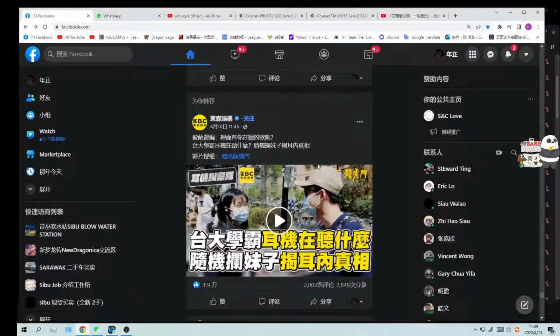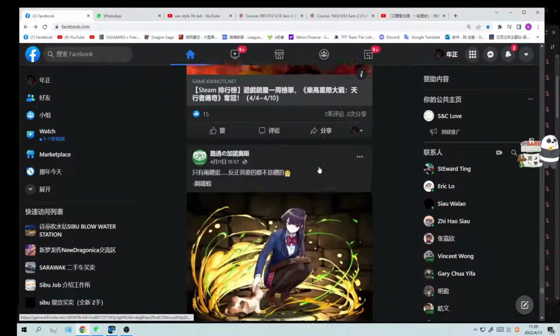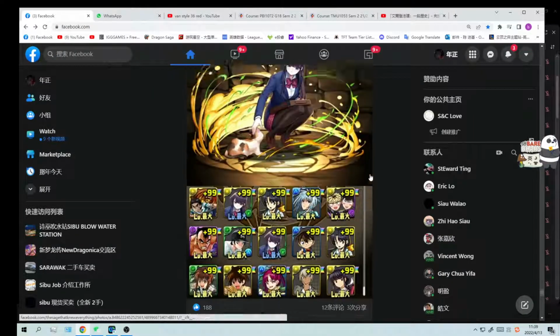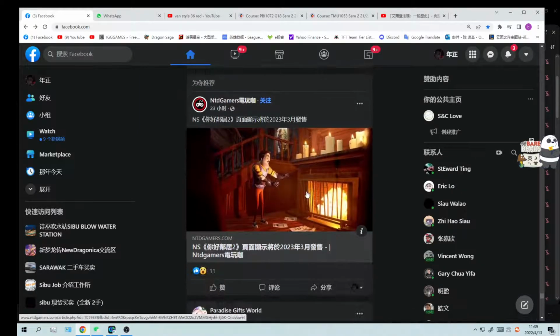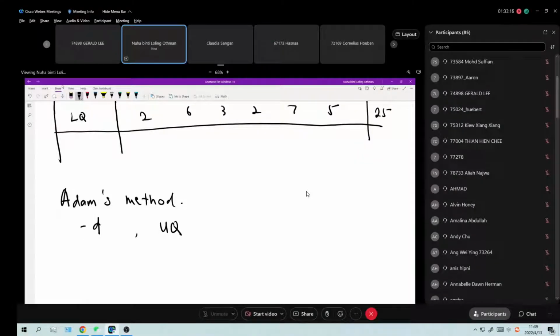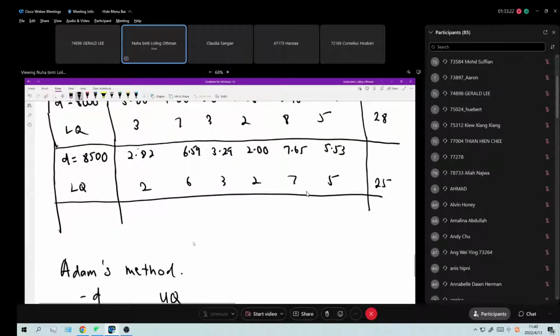Adams method also uses a modified divisor, but it uses the upper quota. Only one difference between Adams and Jefferson.